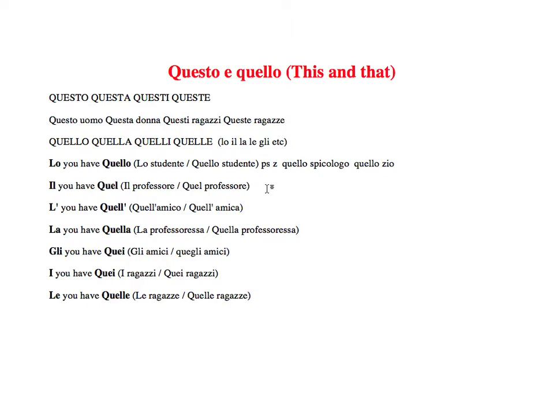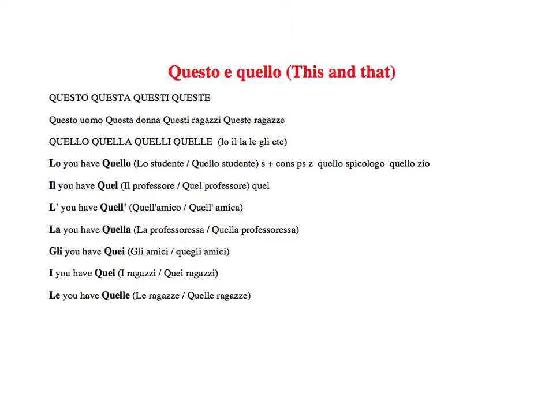So review the article if you don't remember this. Professore starts with a consonant, but it is not S plus consonant, it is not PS, it is not Z. So with all the other consonants, you have to use il for singular and masculine.